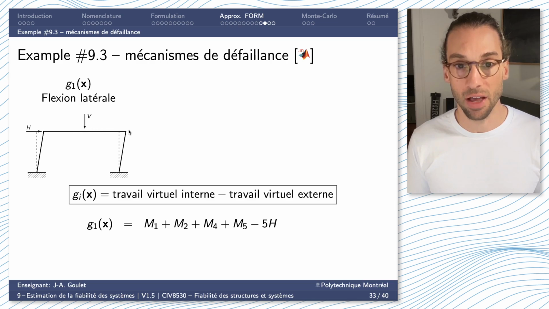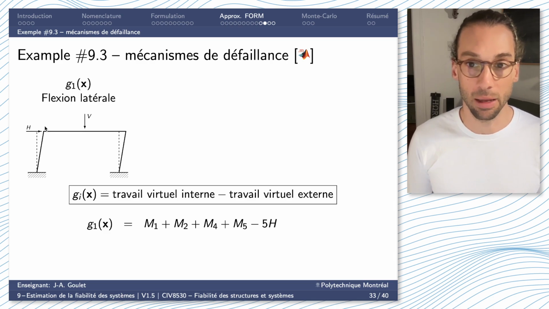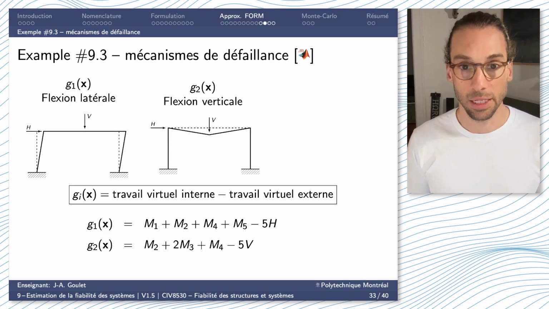M3 doesn't plastify, so I'm going to have plus M4 plus M5 minus 5H, the work exerted by my horizontal force. The second one is going to be the plastification of my joint here. So M2, twice the rotation for M3, plus M4, one times the rotation, minus 5V.